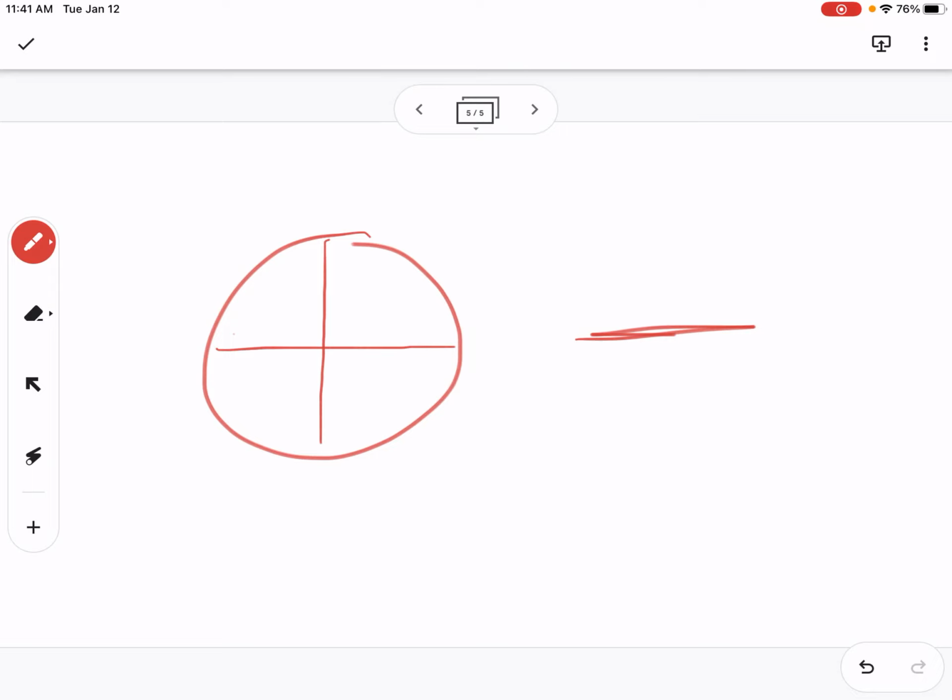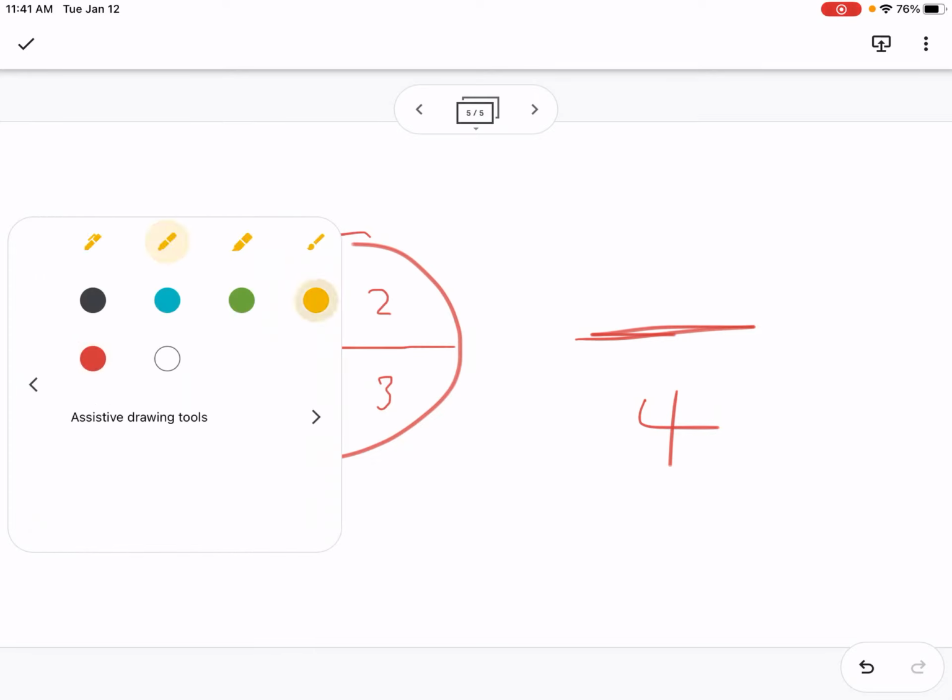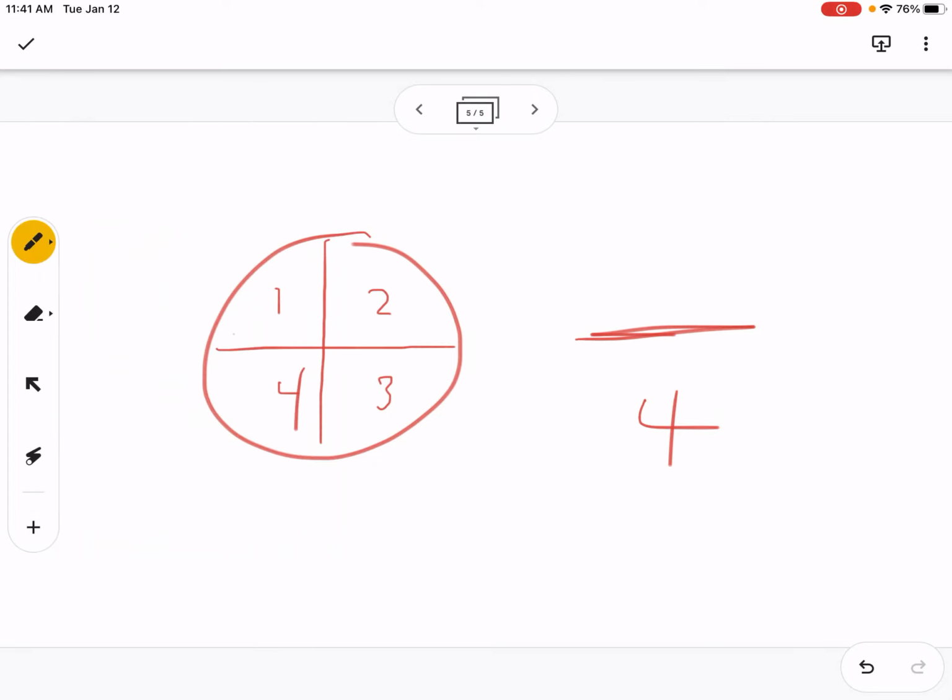Well, this whole is broken into 1, 2, 3, 4 parts, same as before. So the bottom number is going to be a 4. The whole thing is broken into 4 parts. Now, remember how many of those slices I ate. Let's imagine I was given slice number 2. Somebody else got slice 1, somebody else got slice 4, somebody else got slice 3, but I was given slice 2.